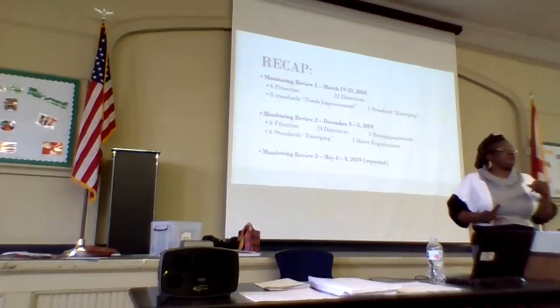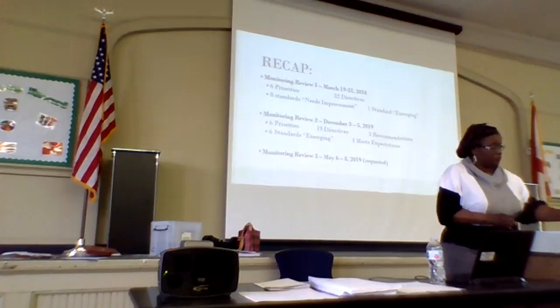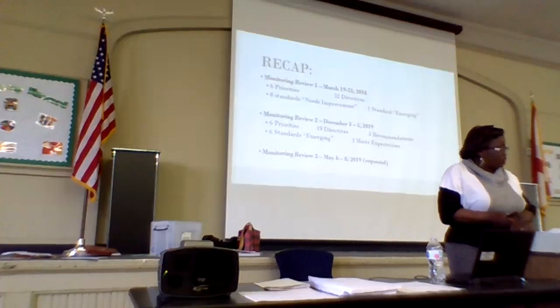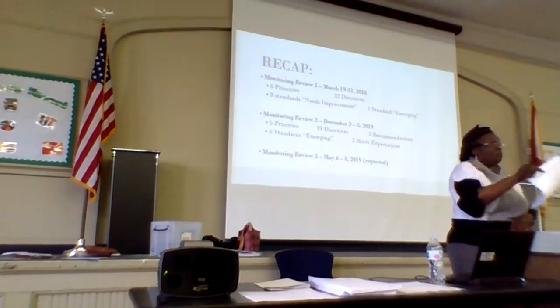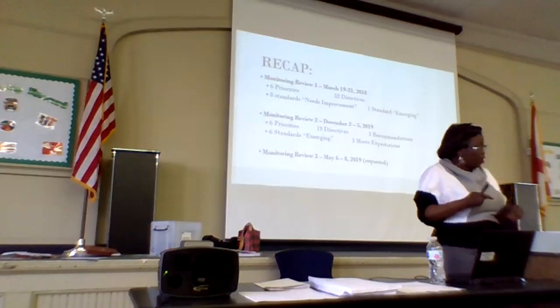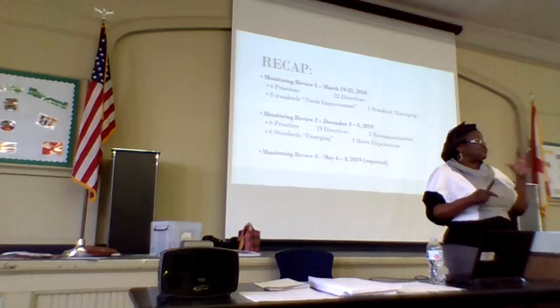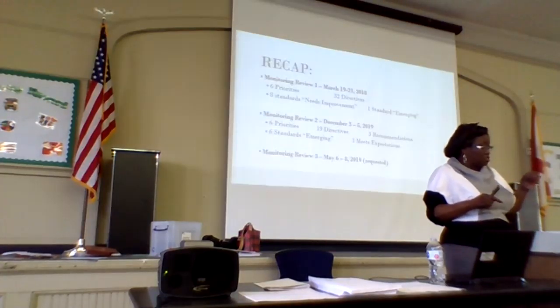Let's talk about the narrative overview. You have the document in your hand. So let's recap. When we started the process after last March, we had 6 priorities, 32 directives. So that was 32 items that we had to address as a system. 8 of those standards were in needs improvement, and 1 standard was emerging.